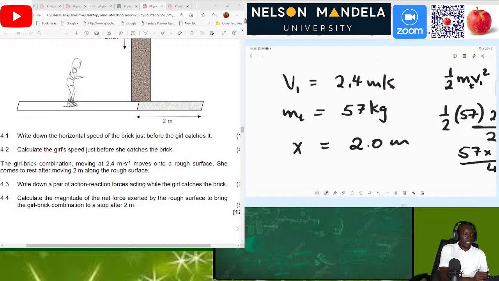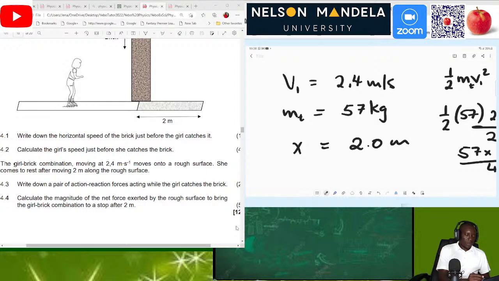And we said kinetic energy, the total, this is conservation of energy anyway. So energy is conserved, meaning the total initial energy is equal to the total final energy. So the kinetic energy in this case is equal to the work done by the frictional force.